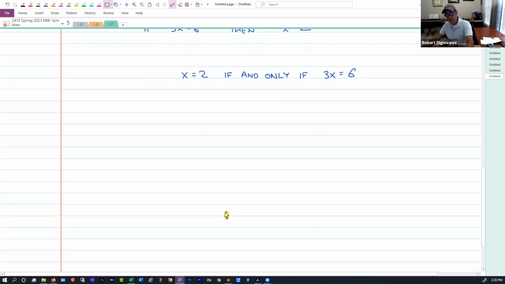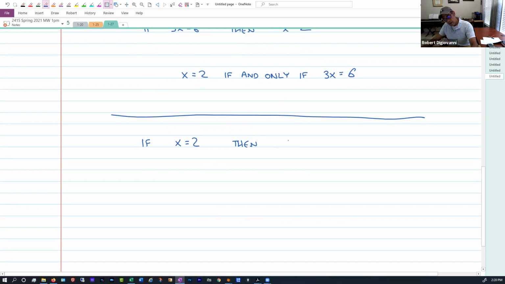I'll give you one more example. If x equals 2, then x squared equals 4. Is that true? Yeah. Doesn't work the other way around. If x squared equals 4, then x equals 2.